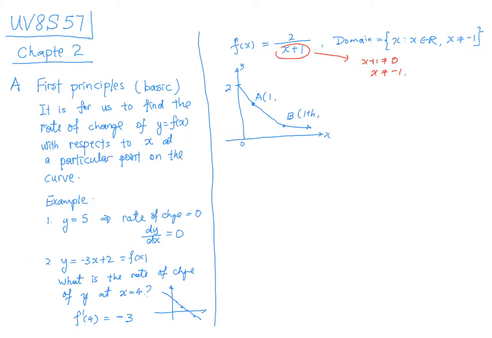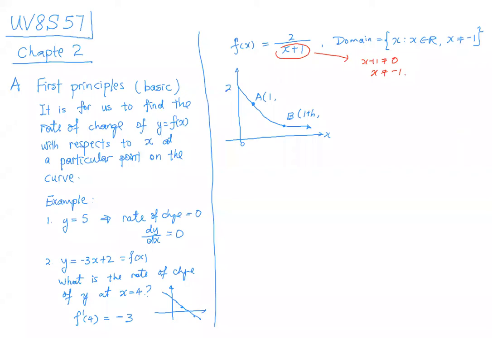Will the gradient at point A and point B be the same? I try to draw it a bit obvious. Will not, correct? Which is steeper, the one at point A or the one at point B? Point A is steeper.